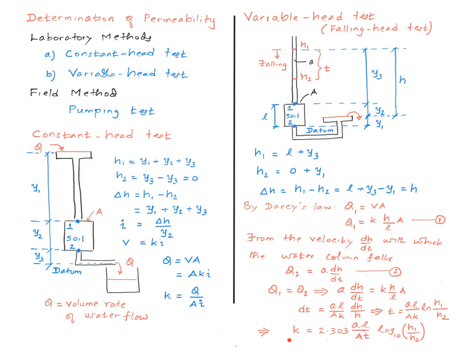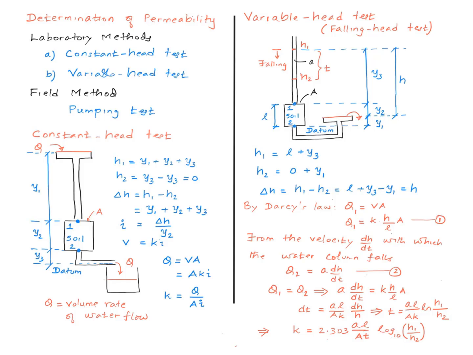You rearrange this equation. Now you have an expression for the permeability of the soil in terms of the geometrical quantities like the area of the pipe, the length of the sample, cross-sectional area of the soil sample, time that it takes for the water column to fall from H1 to H2.